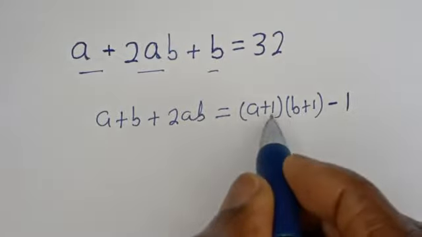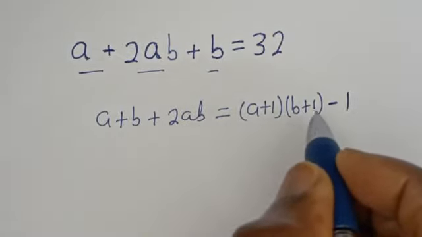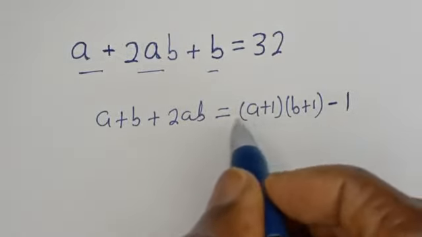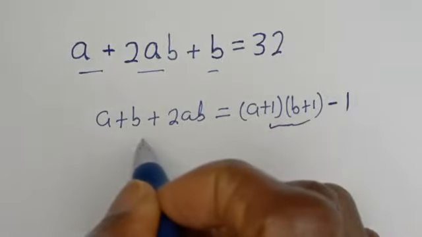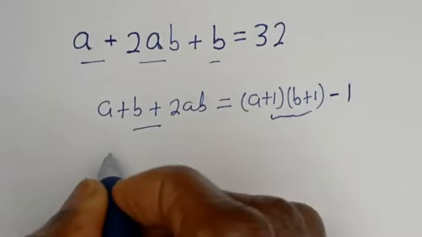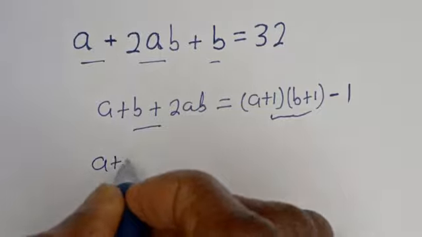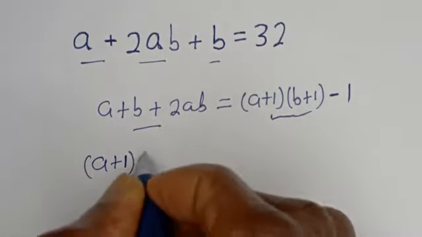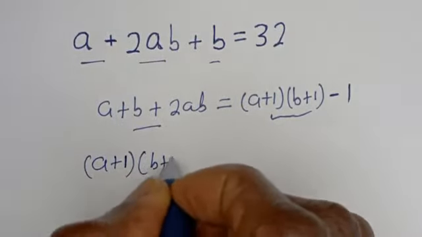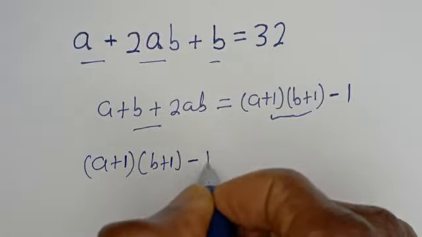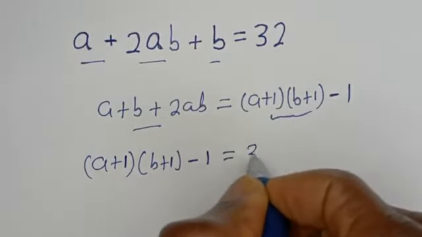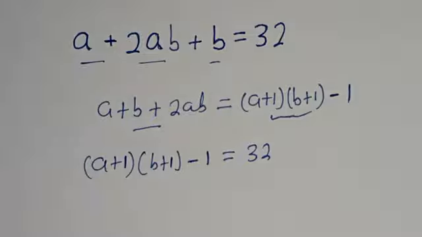Let's substitute this value for this. Therefore, we have (a plus 1)(b plus 1) minus 1 is equal to 32.